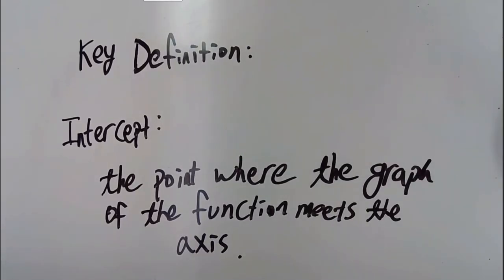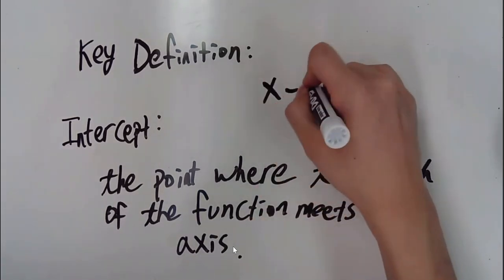So what does the intercept mean in the context of math? In math, intercepts mean the point where the graph of the function meets the axis. Naturally, in the 2D coordinate plane, the Cartesian coordinate plane that we're used to seeing, most functions will have two different intercepts because there are two different axes.